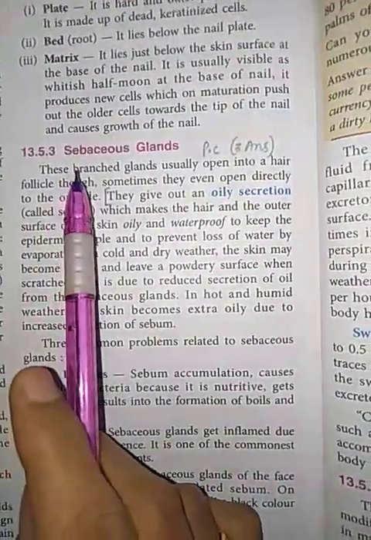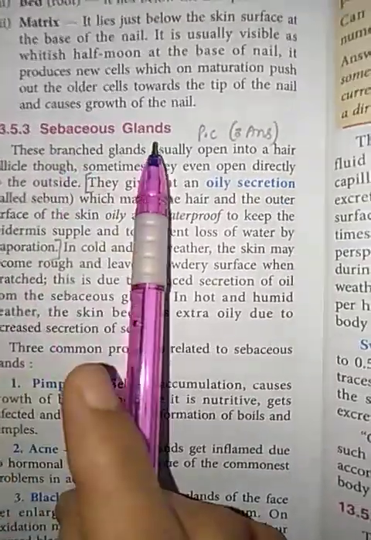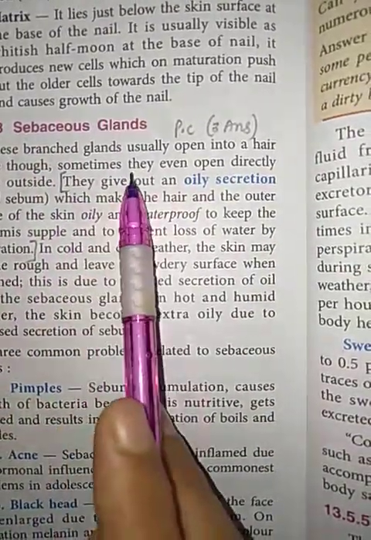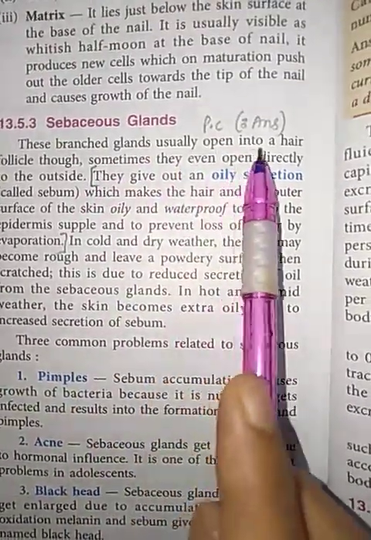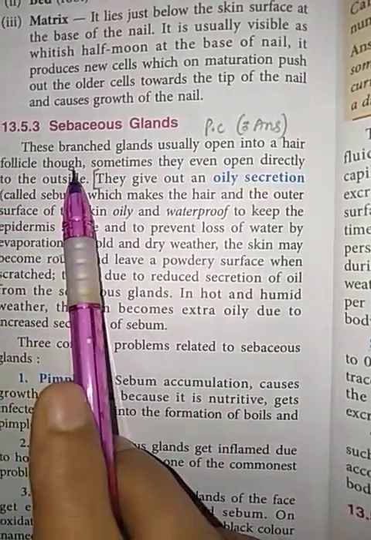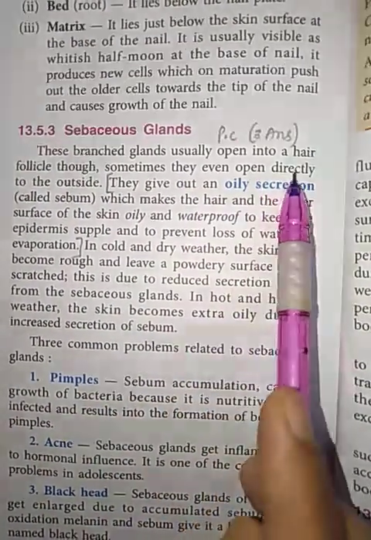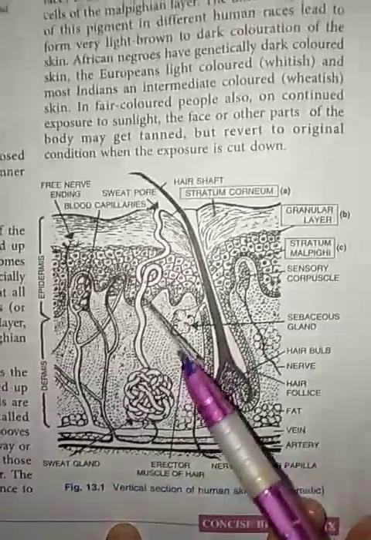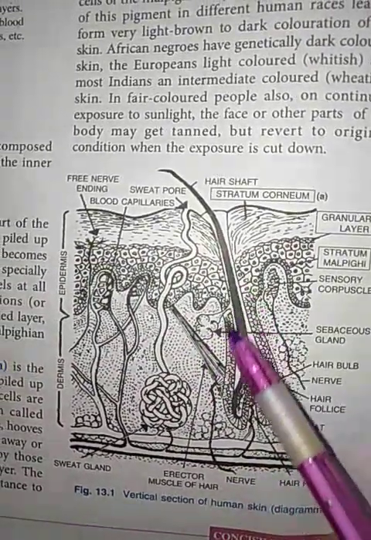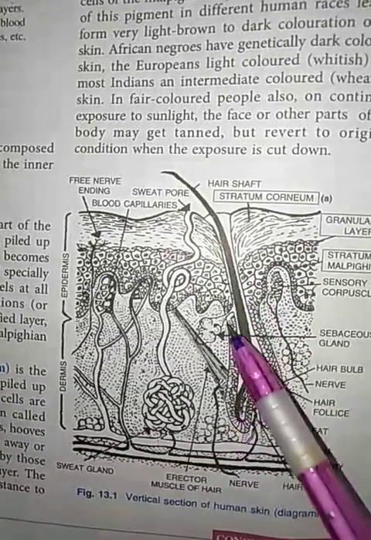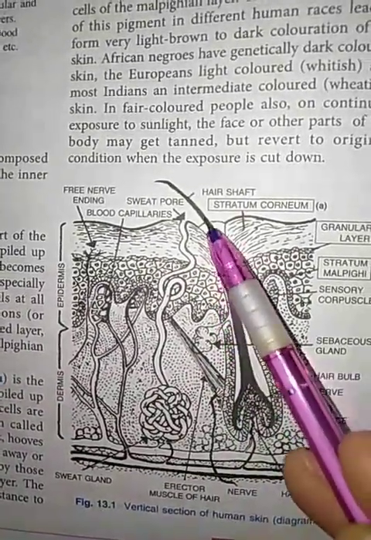Now the next derivative of our skin is the sebaceous glands. Sebaceous glands usually means oil glands, and these glands usually open into a hair follicle, though sometimes they even open directly to the outside. Now students, you can see in this diagram that this one is the sebaceous gland, and it usually opens into this hair follicle-like structure, and sometimes directly to the outer surface.